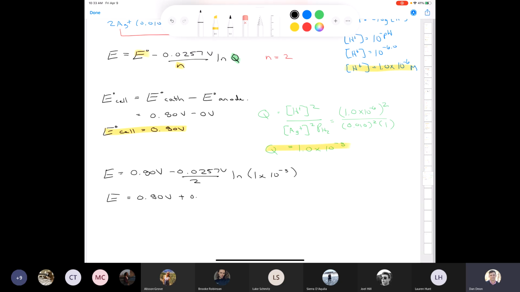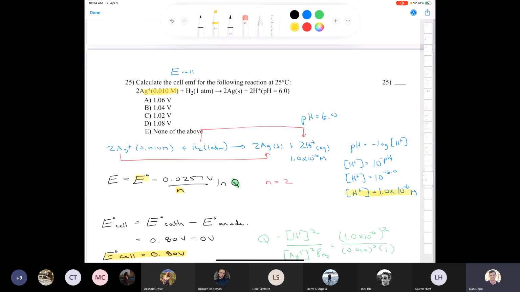So 0.236 volts plus 0.8, and I end up with my E as being 1.04 volts, which is B. There we go.